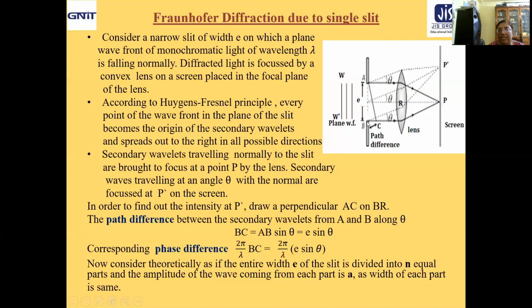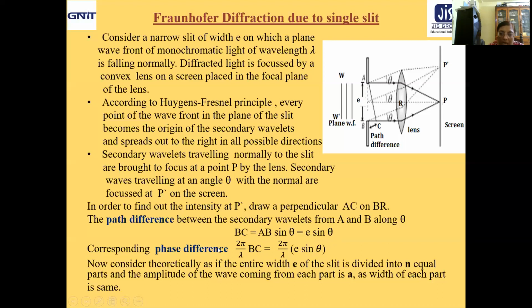That is BC. The path difference between the two extreme diffracted beams to reach the point P prime at an angle theta to the normal is given by BC. Now, BC equals AB sine theta. Now AB equals e, so BC equals e sine theta.